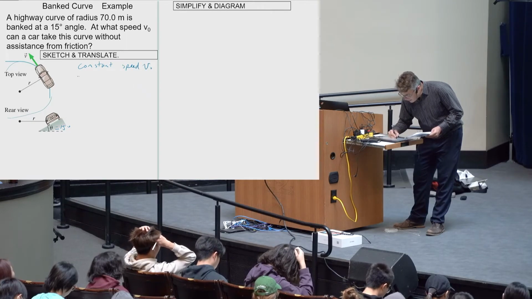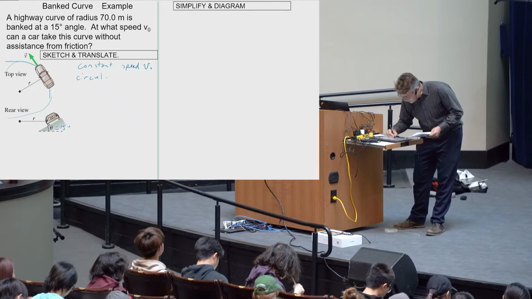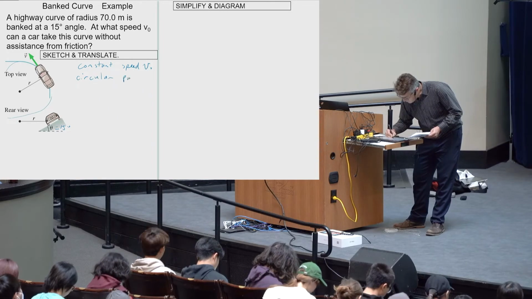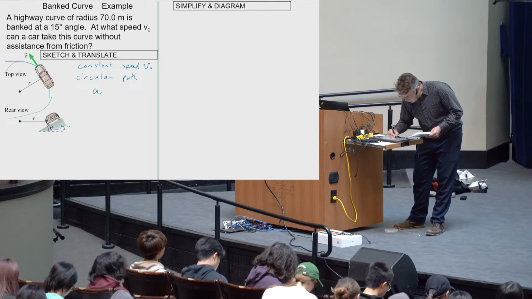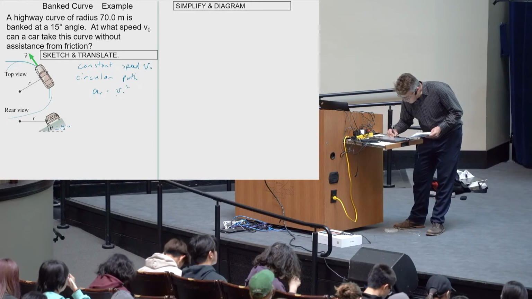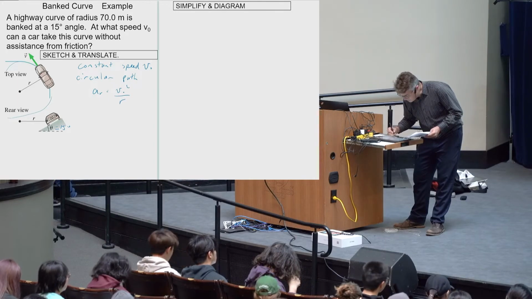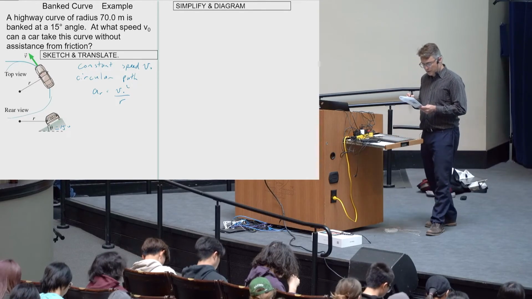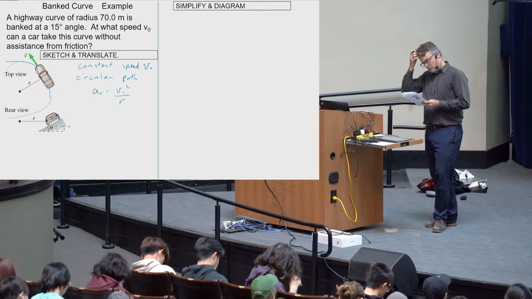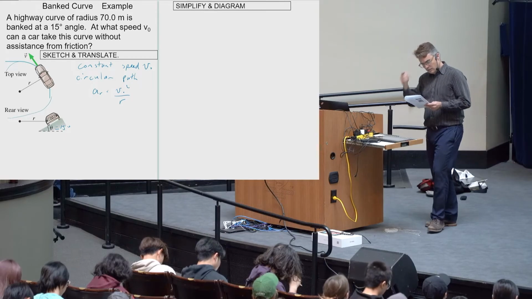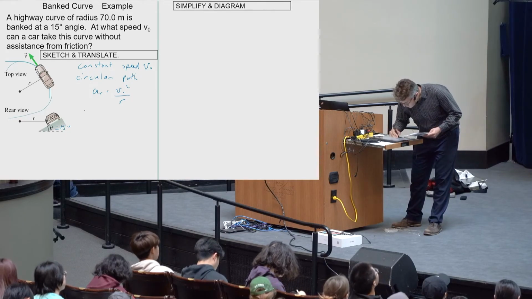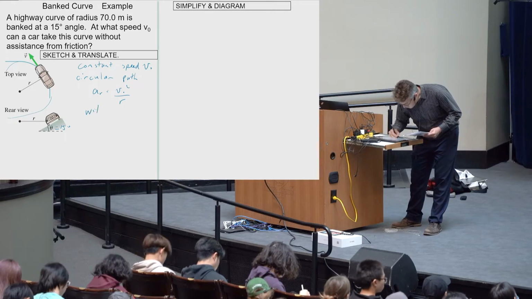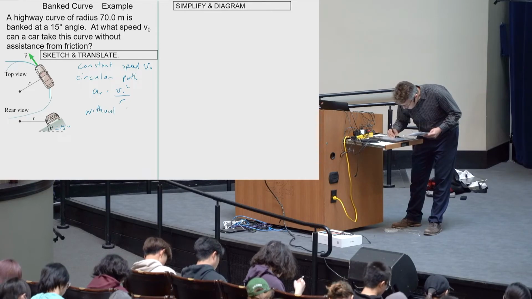v0. And it's on a circular path, so I can already tell you exactly what the acceleration will be, which is that a sub r is equal to v0 squared divided by r. So that's good. Without friction, without assistance from friction. Is that even possible? Let's see. So if we do without friction, whatever that means.